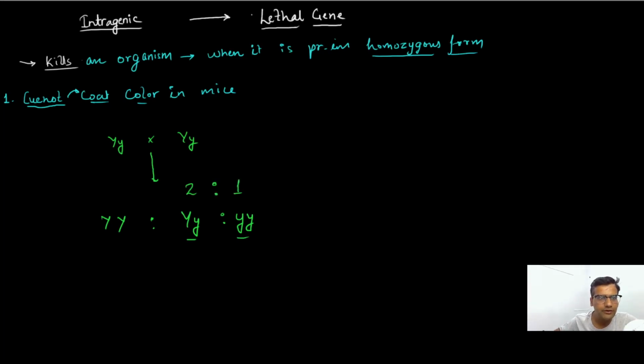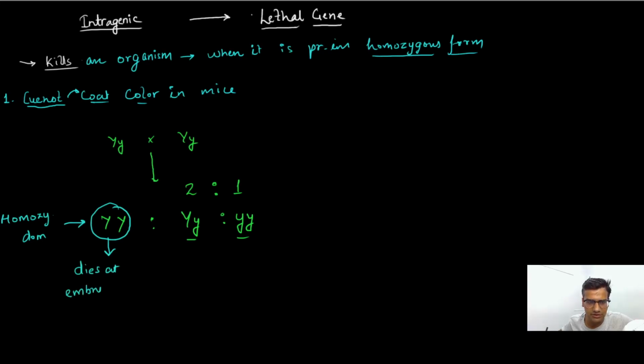Why? Because the homozygous dominant organism dies at an early stage of life, at the embryonic stage in this particular case.